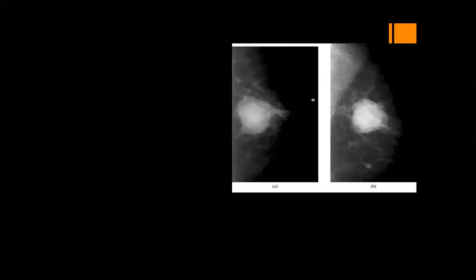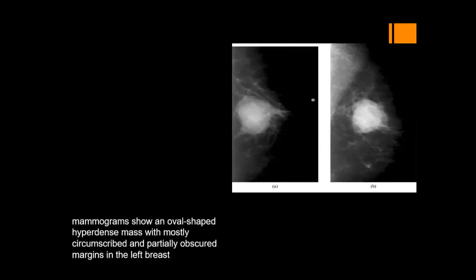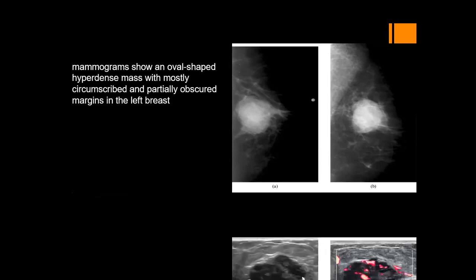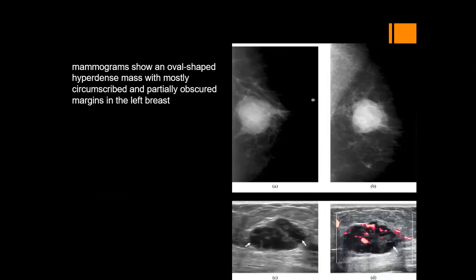What about these lesions? It looks like an obscured lesion, almost 75% obscured, and it is a high density mass. It is palpable, so it will be BI-RADS 4A at least. It is an oval hyperdense mass with mostly circumscribed and partially obscured margins, but what does the ultrasound demonstrate?